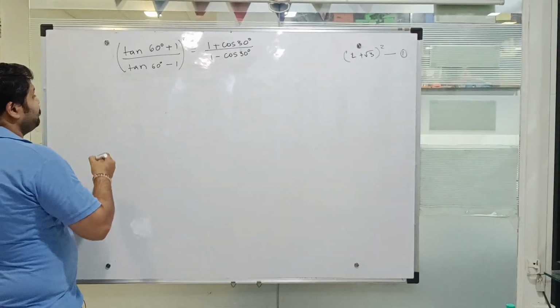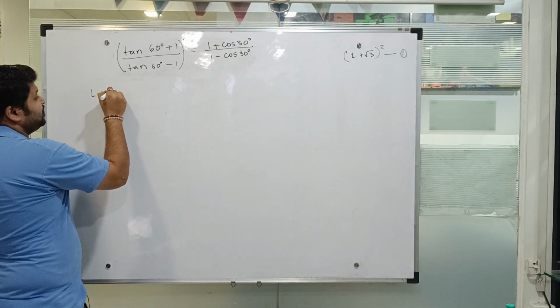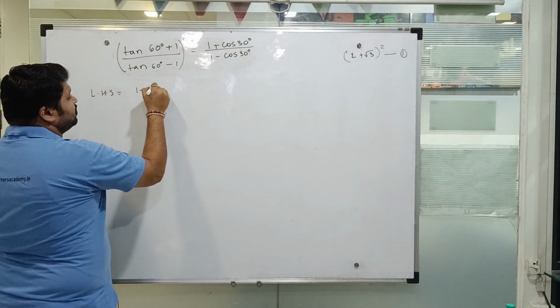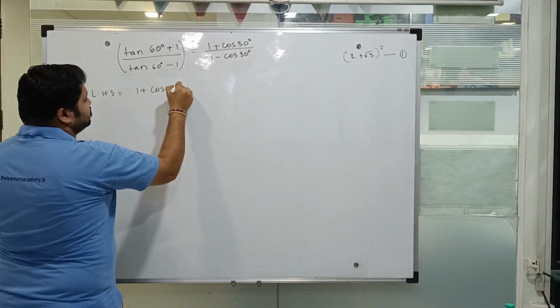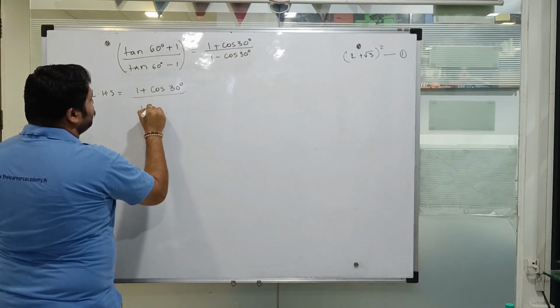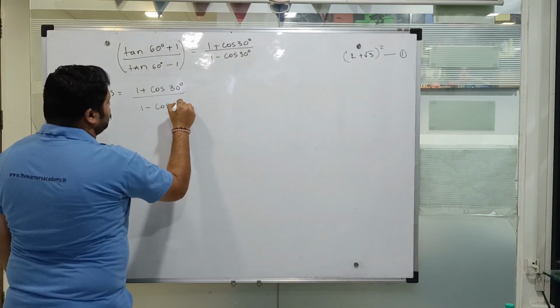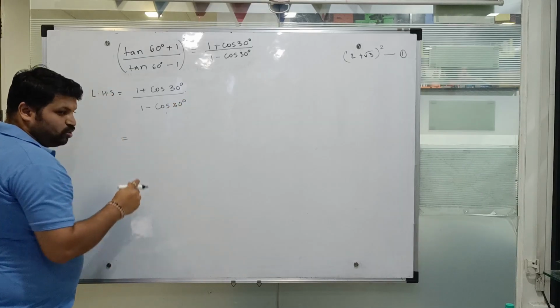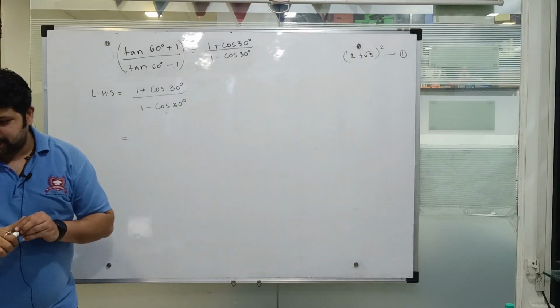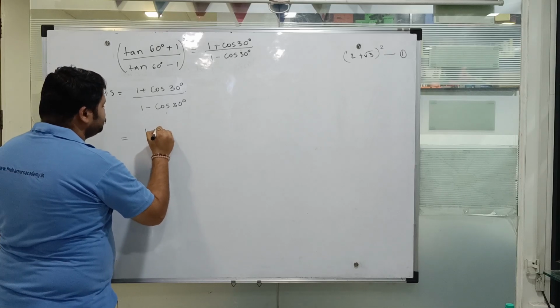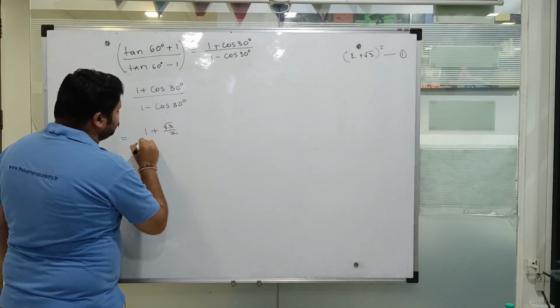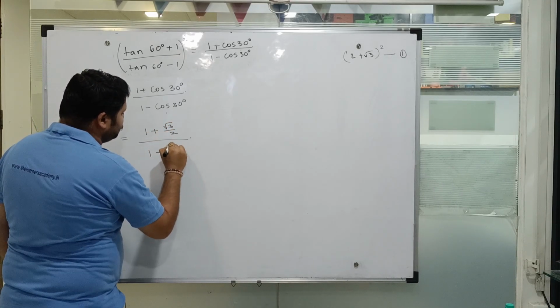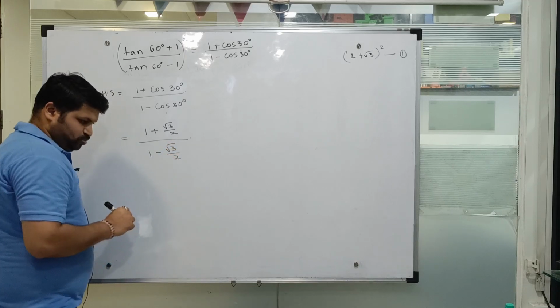Now I'm going to talk about my right hand side. My right hand side is equal to 1 plus cos 30 degrees upon 1 minus cos 30 degrees. So my values here are 1 plus root 3 by 2 upon 1 minus root 3 by 2.